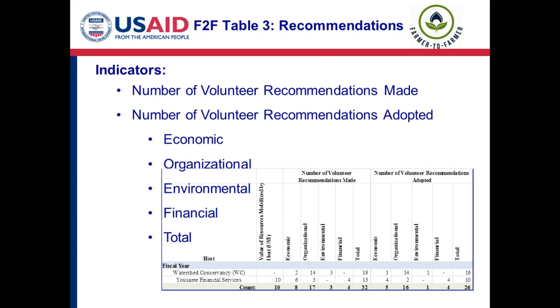These are the most important, most realistic recommendations. So that's an important thing to keep in mind there. We sincerely hope that when we total the volunteer recommendations by host, it equals the total by volunteer.